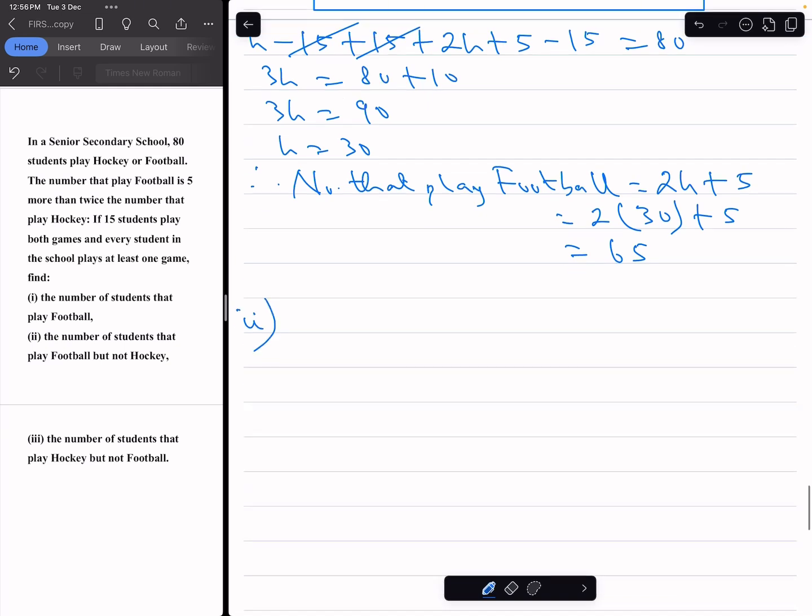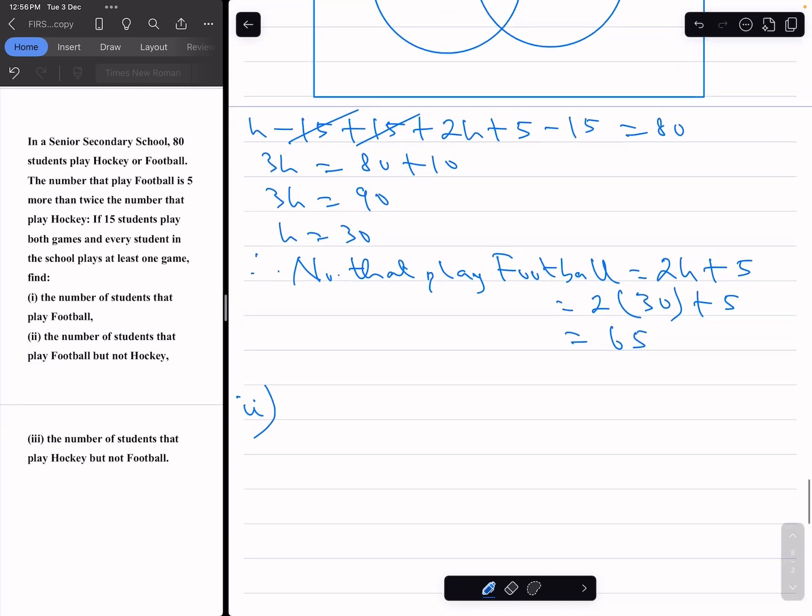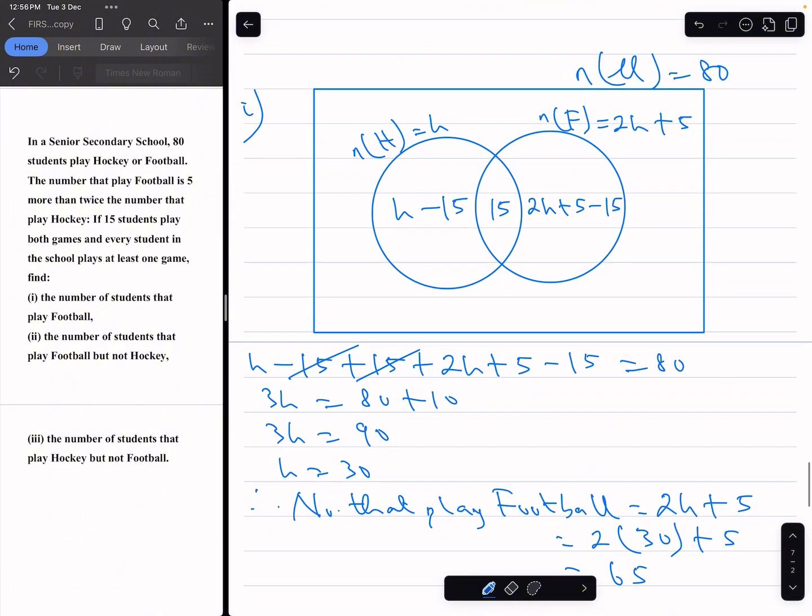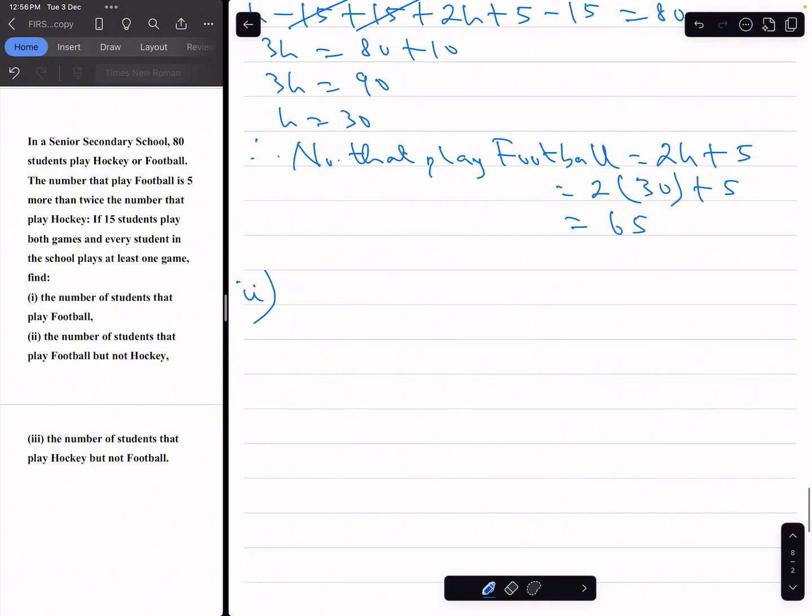Find the number of students that play football but not hockey. The number of students that play football but not hockey will be the number of students that play only football, and those are the people here. That's the number of elements in the set H complement intersection F. That's the set notation for that.